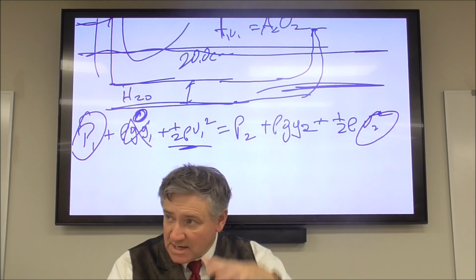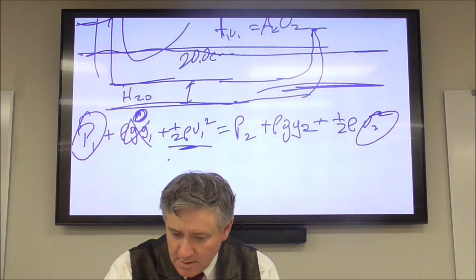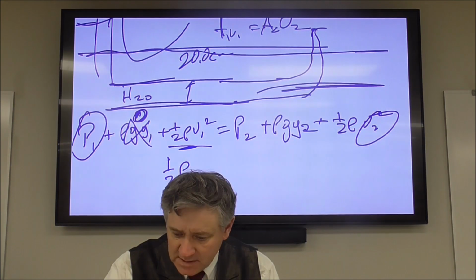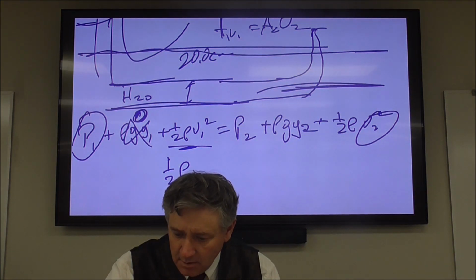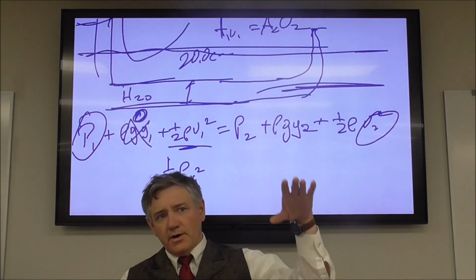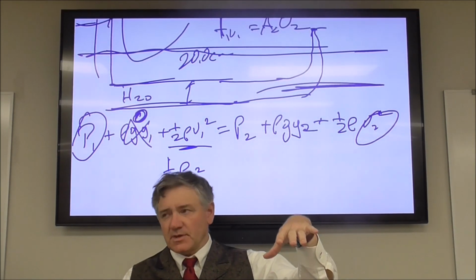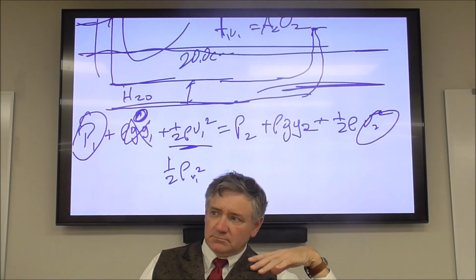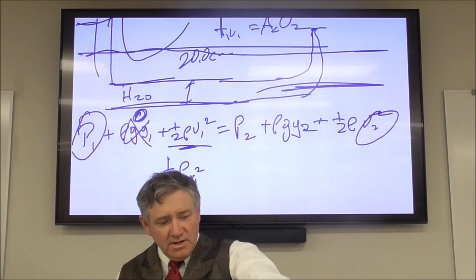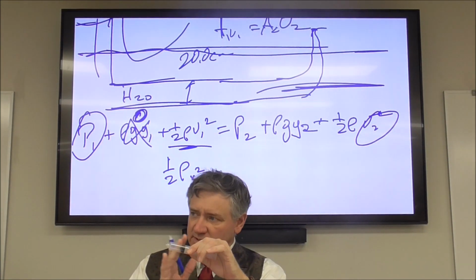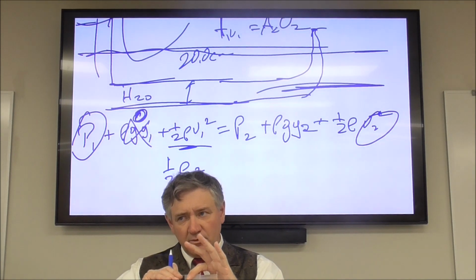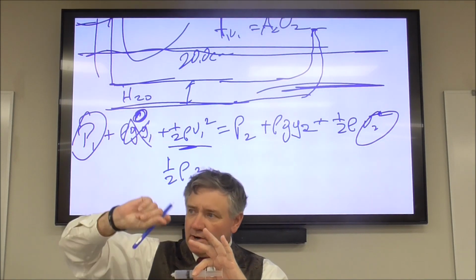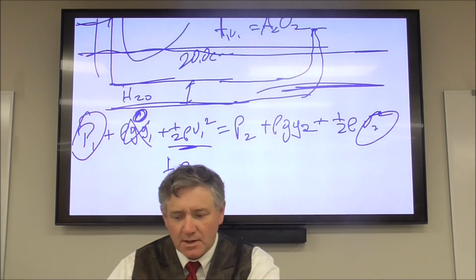Because it has a bigger area, this 1/2 rho v squared is going to be a fairly small velocity. So the water underneath the ground isn't moving very fast, but you got a big cross-sectional area. So that's like this part of the syringe. Okay, so imagine this is down below the ground. And then we're going to hook up a hose, it's going to come out here, right?